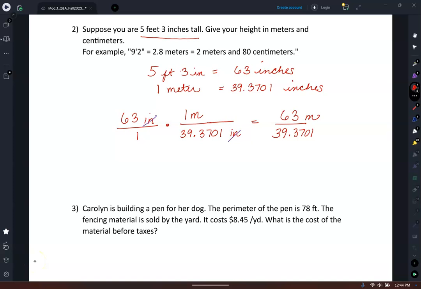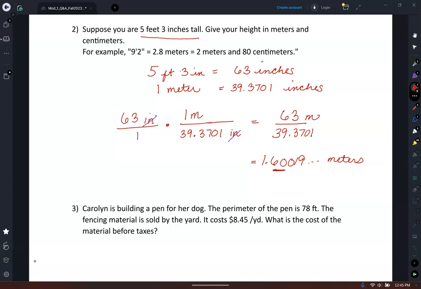And just go ahead and calculate that out. So for that, I get 1.60019, so on and so forth, meters. So if I look at this value here, the 0.6, I'm just going to stop there and say, or actually the hundredths, the 60 centimeters.